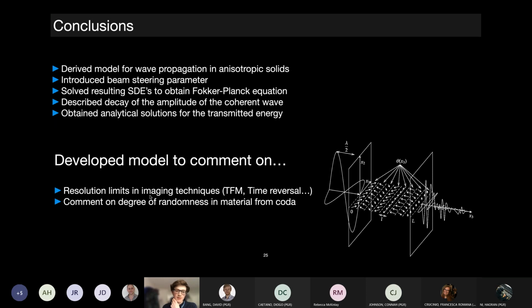What I'm working on now is using this model to comment on things like the resolution limits and imaging techniques. With this forward model, we can use it in an inverse problem to do nice things like time reversal. You can flip the wave, send it back in, and focus the beam on certain things. Hopefully I've convinced you that it's an interesting problem to study, and it touches on a lot of areas of maths. So thanks.